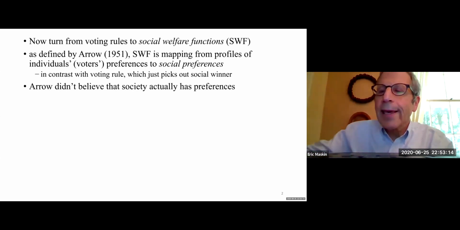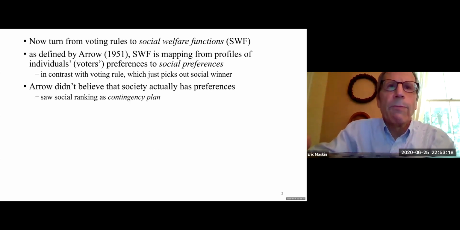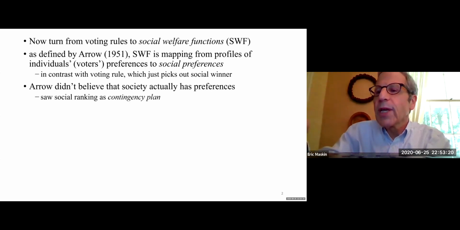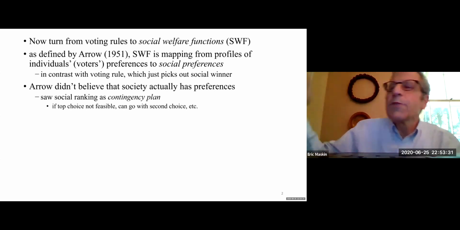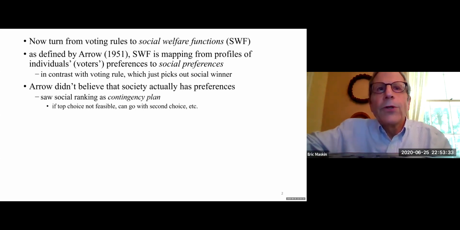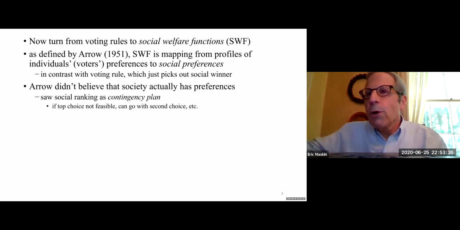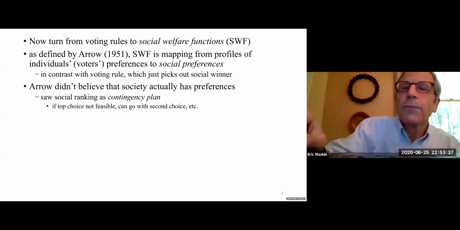The reason for ranking alternatives socially was purely practical. It's a contingency plan. You may not know in advance which alternatives are feasible. So if you rank all of the alternatives, if the top choice turns out not to be feasible, you can go to the second and so on.